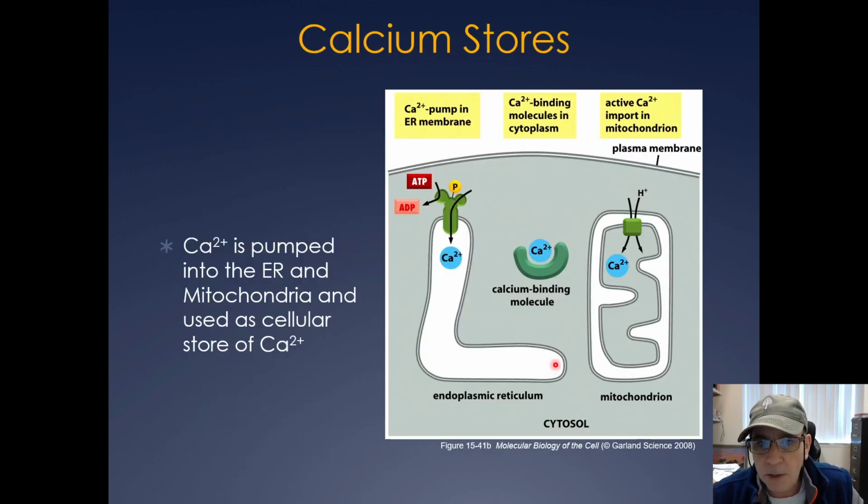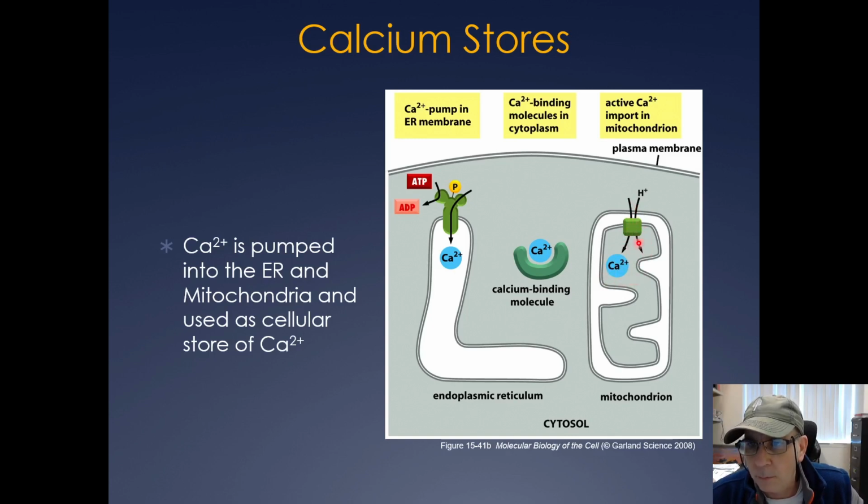You also have an ATP-driven calcium pump in the endoplasmic reticulum that's pumping calcium into the ER, and there are also molecules that sequester calcium in the cytosol, and there's also a proton exchanger, a symporter here, that's pumping calcium in.